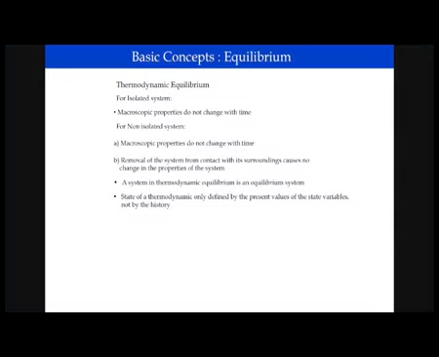Now, for a non-isolated system, two conditions need to be satisfied. One, obviously the macroscopic properties should not change in time. Secondly, if we remove or disconnect the system from the surroundings, then there should be no change in the values of the thermodynamic properties of the system. I will give you a small example.